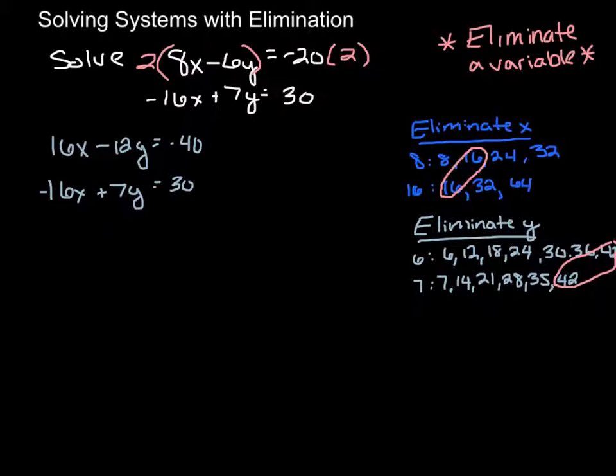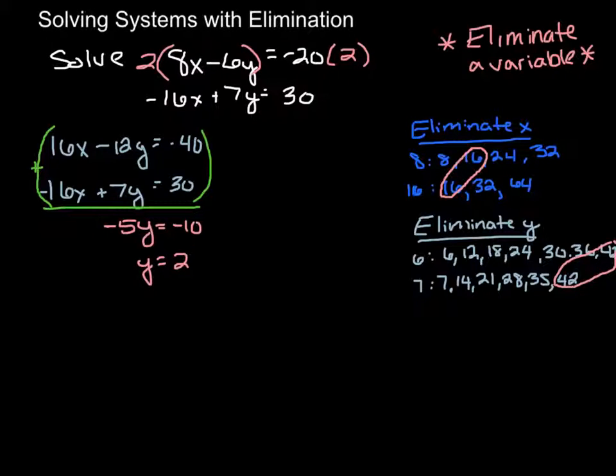Now we're going to take these equations and add them together. Positive 16 plus negative 16 is going to be 0, so I'm not even going to write that. Negative 12y plus 7y is negative 5y. And negative 40 plus 30 is negative 10. So that means our y is going to be 2.